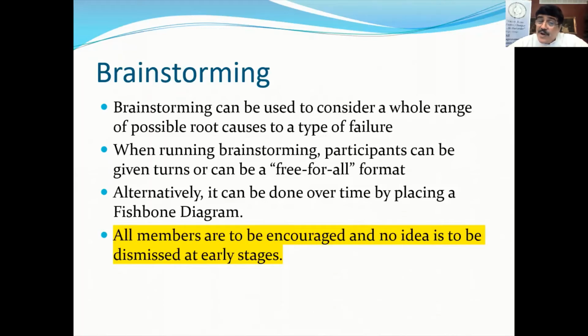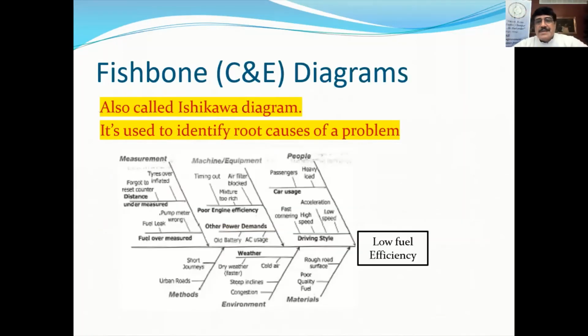When you're running a brainstorming, and I'm sure many people are already familiar with this, participants can take turns, or it can be a free-for-all format. Alternatively, it can be done over time by placing a fishbone diagram. It's called a fishbone because it does look like a fish bone.